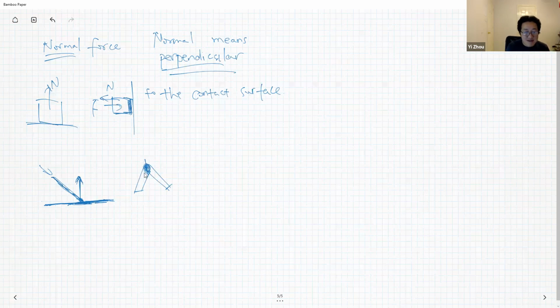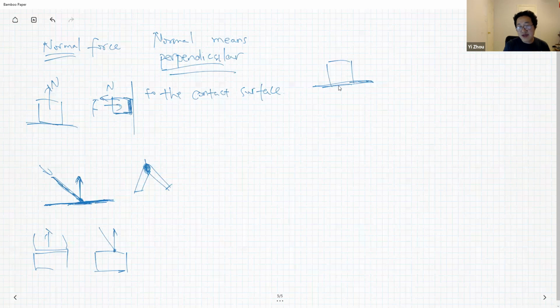But if we have surface to surface or point to surface, then it's easy for us to identify the direction. It's always perpendicular, because normal means perpendicular. So this is a normal force. The simplest case is you have an object on the ground.